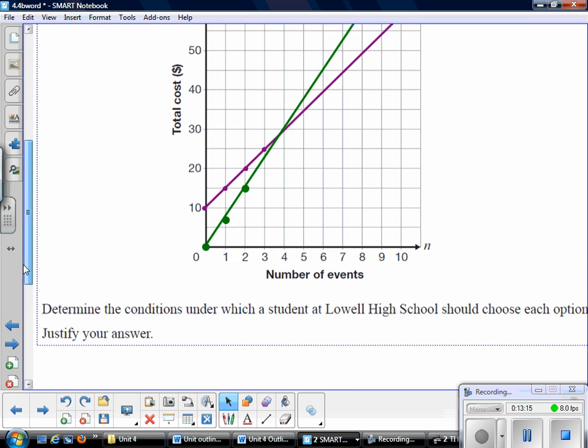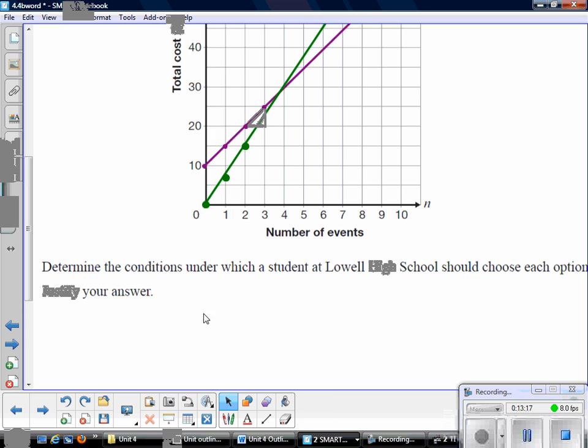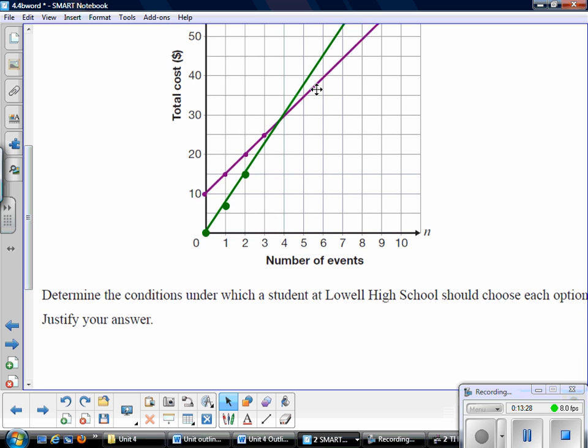There are more. It says, determine the conditions under which a student at Lowell High School should choose each option. Justify your answer. Well, this has to do with where they do intersect. You can see that when we look at this question, the intersection happens here.